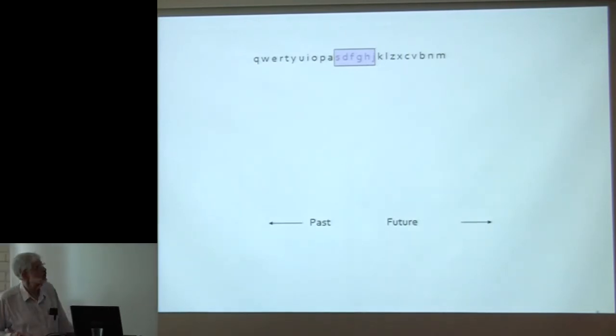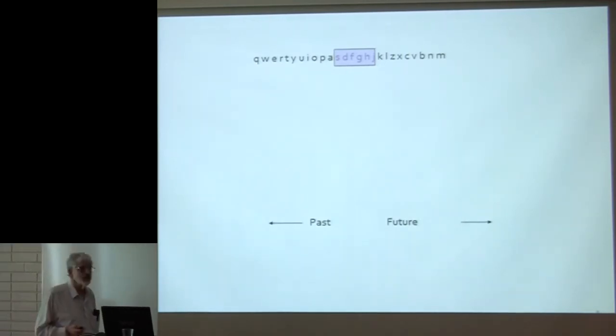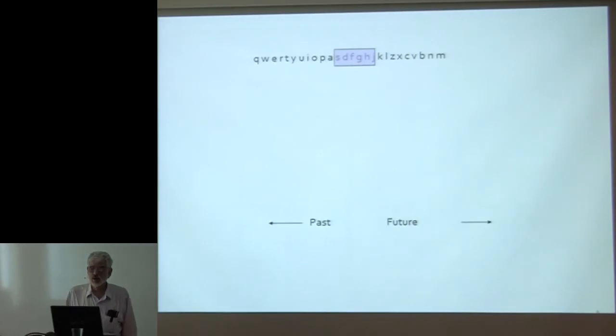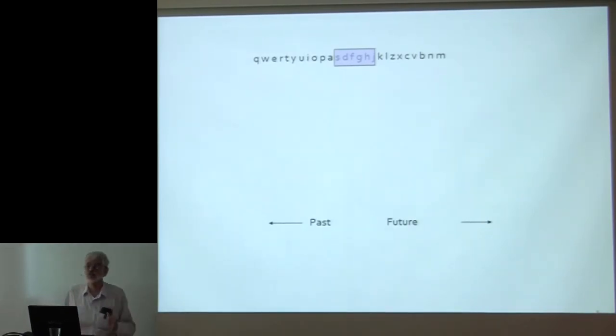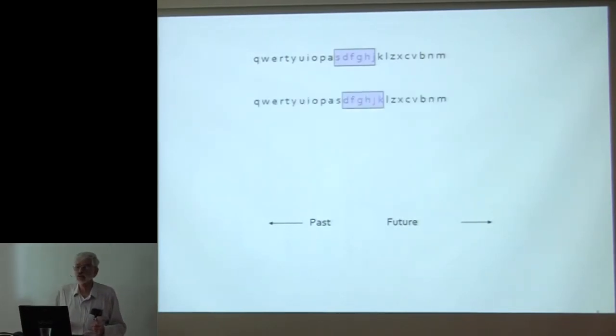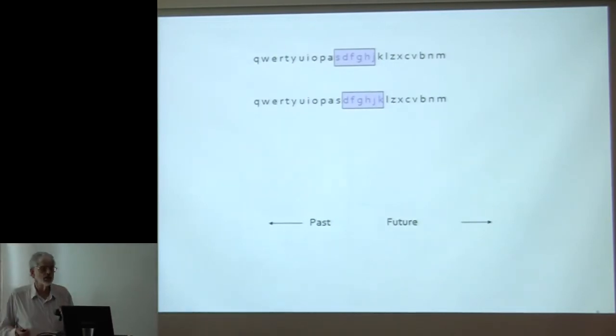So I don't know if this picture is useful or not, but here's a stream coming in. The window is the last 6 characters. So at some time it contains S, D, F, G, H, J. Now the next element K comes in.